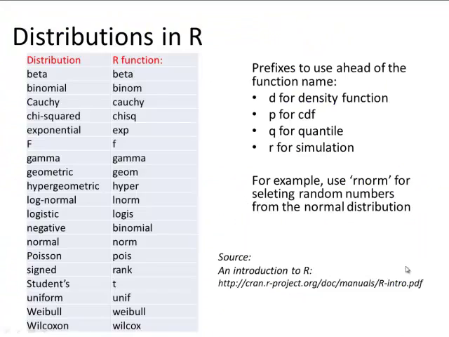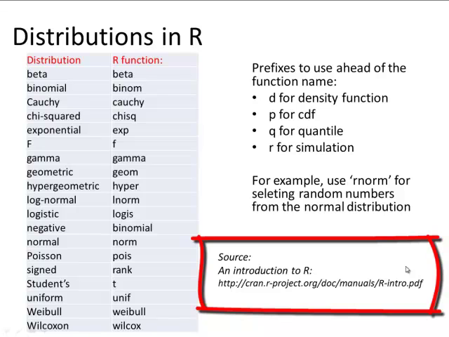So at this point, it would be useful to introduce the distributions that are available to us in R. R provides functions for nearly all the distributions that we in risk management may probably need to use, at least the most common ones. I provide a full list here, which has been adapted from a source which is indicated here on the screen.